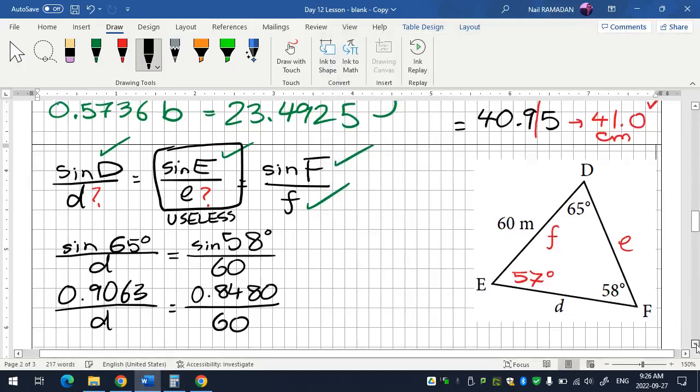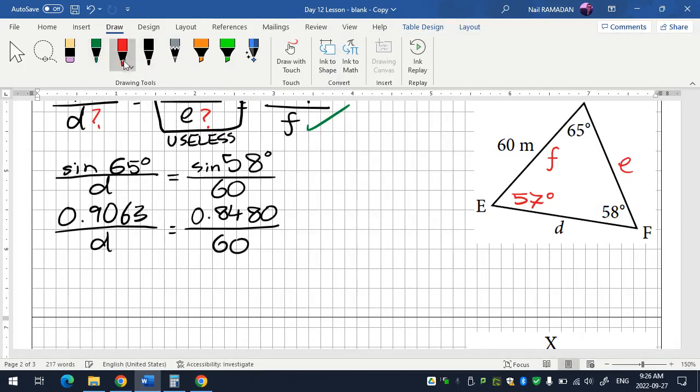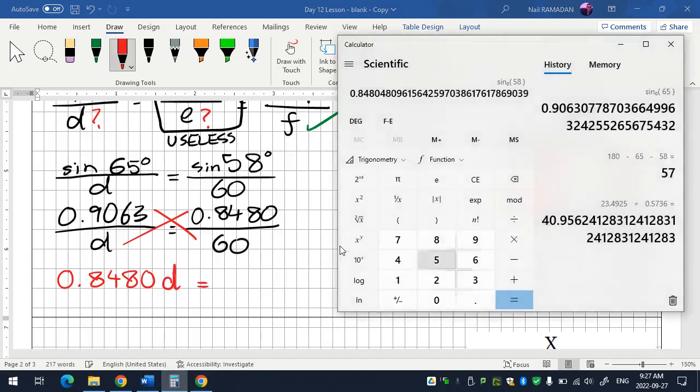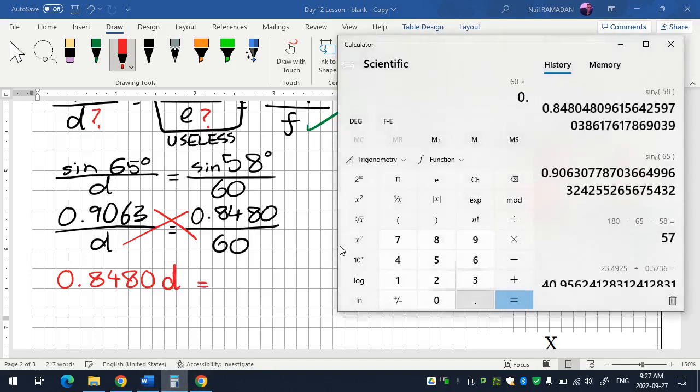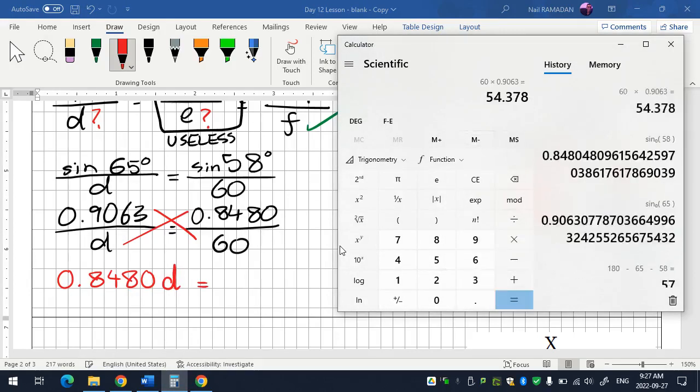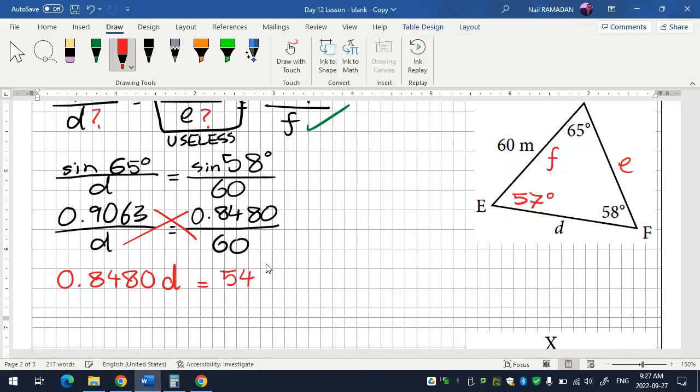Our friend cross multiplication. Press cross. So 0.8480 d equals 60 times 0.9063, which is 54.378. Whatever number I have here, I'll just write the whole thing. Yes, 0.8480d.